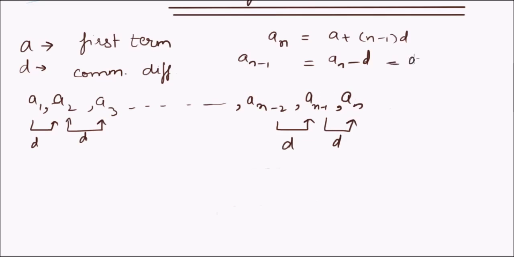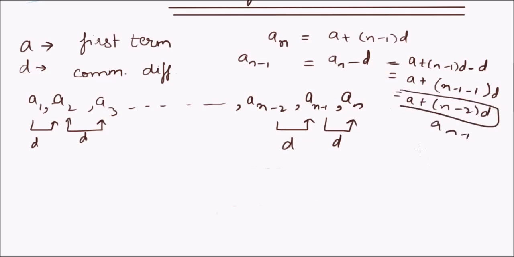Thus, this will be A plus N minus 1 D minus D, which is A. We can take D common and are left with N minus 1 minus 1 from this D, which is A plus N minus 2 into D. Similarly, this is AN minus 1. We can also find out AN minus 2, which will be AN minus 1 minus D.